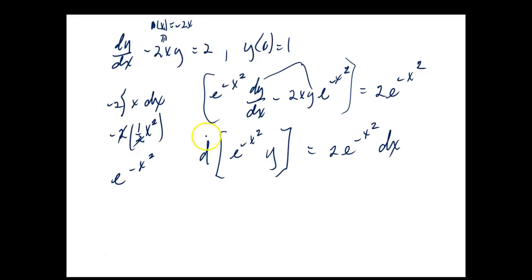When you take the integral of that, you just get y times e to the minus x squared, and this is going to be 2 times the integral of e to the minus x squared dx. And that's the error function of x, right? That's it.